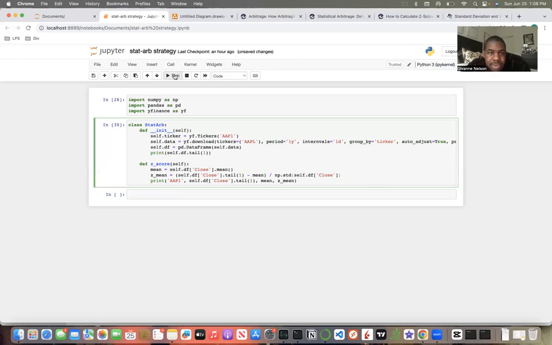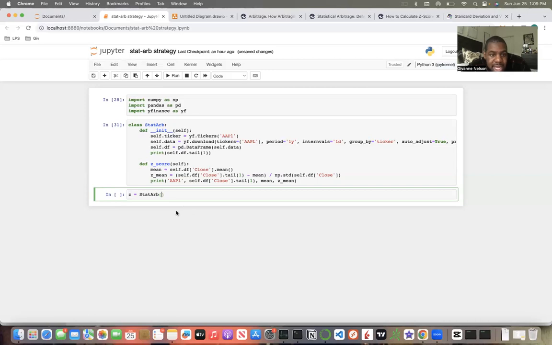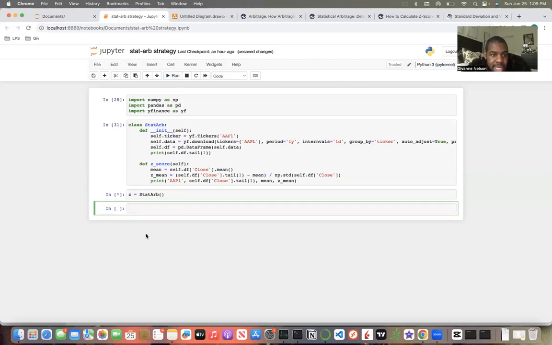All right, let's run this. All right, no issue. So we can do Z equals stat, and I'm basically putting this into a variable that holds the actual class object. Let's run that.